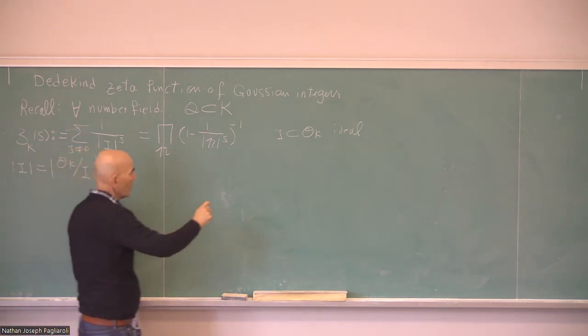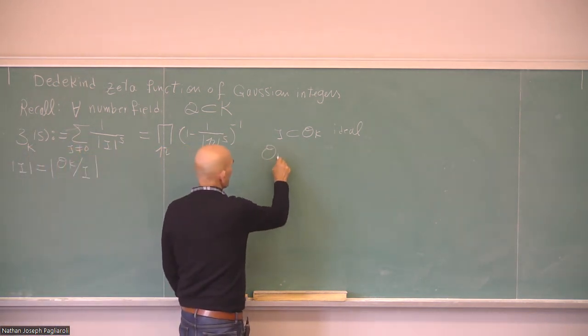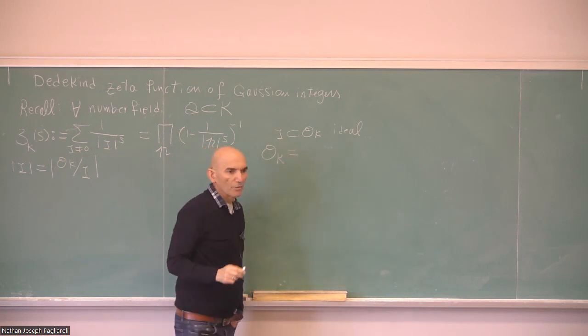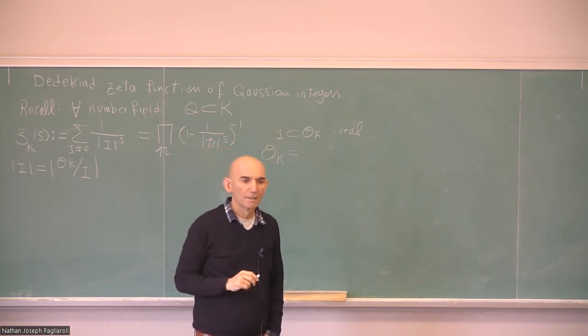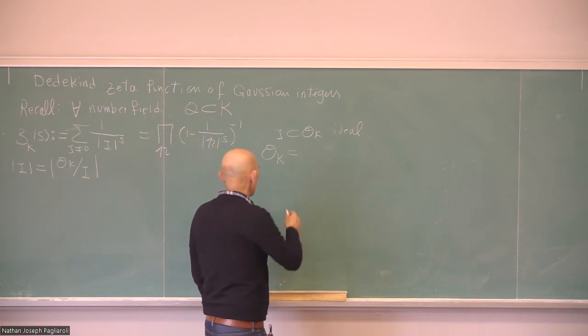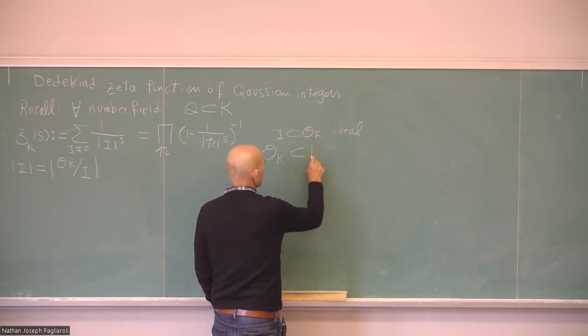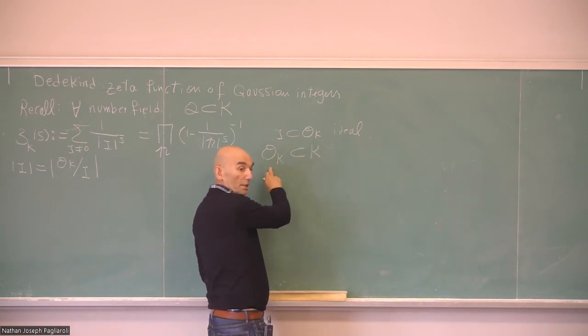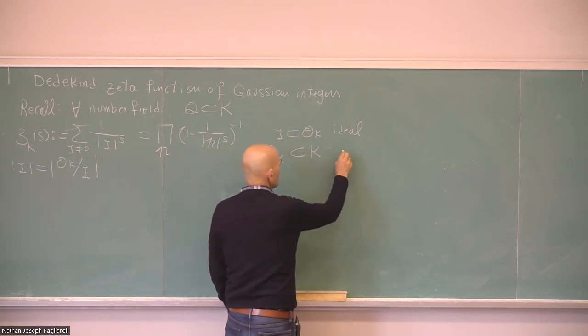Anyone remember what O_K was? The ring of integers in K, and how was it defined?